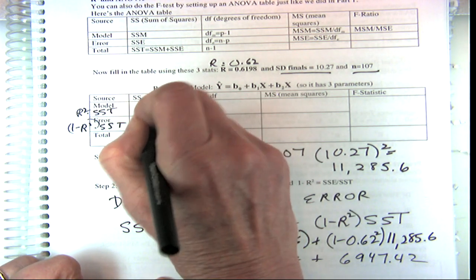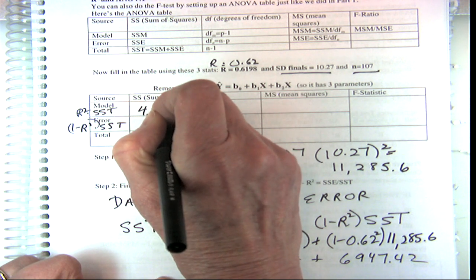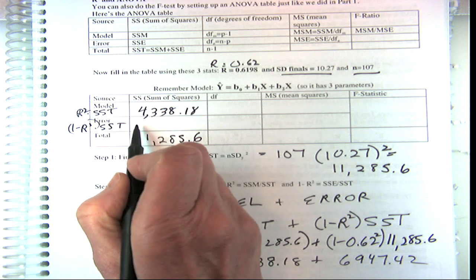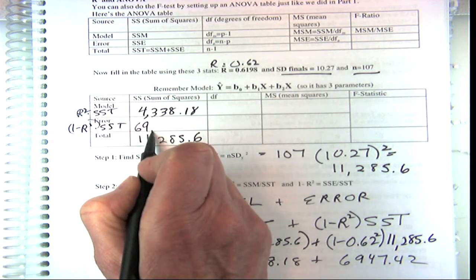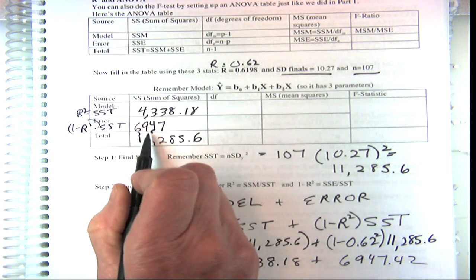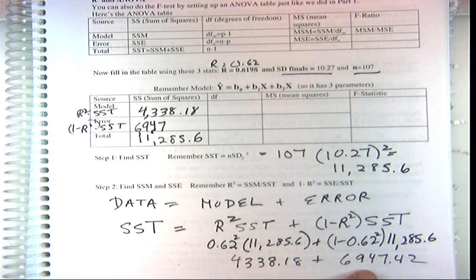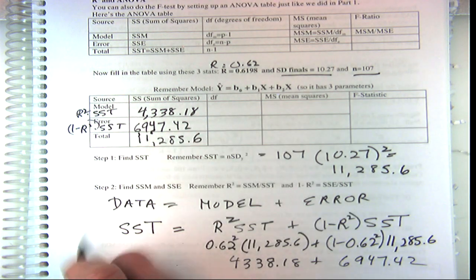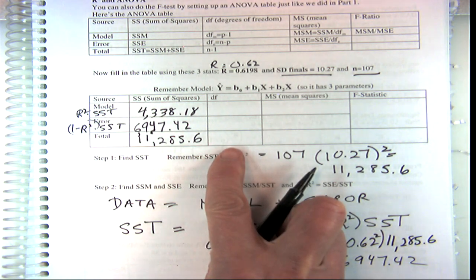So we can fill that in: 4,338.18. Sorry that I'm running over, probably just a minute. And that's 6,947.42, I'm just copying that down. Now the degrees of freedom, do you remember what they are?